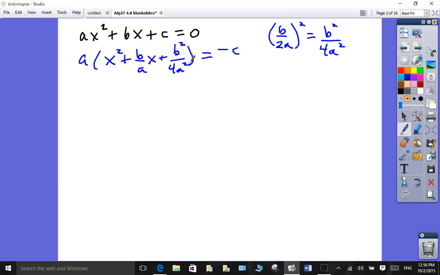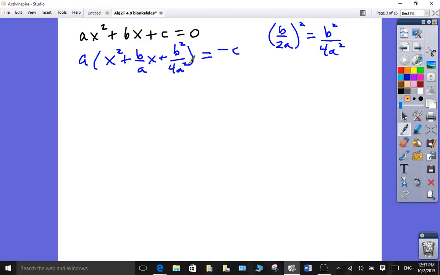Now remember, when you have something outside parentheses, that means that we are not going to just add this to the other side. We have to take into account that it's being multiplied by something. So what are we actually going to add to the other side to balance what we did? a times b squared over 4a squared.